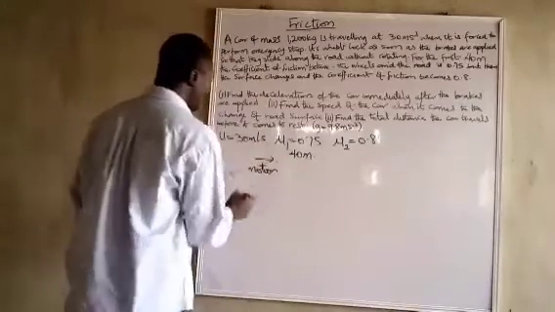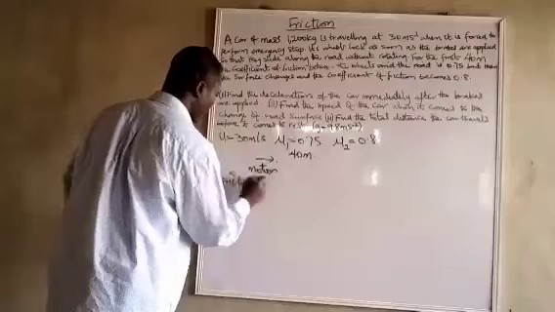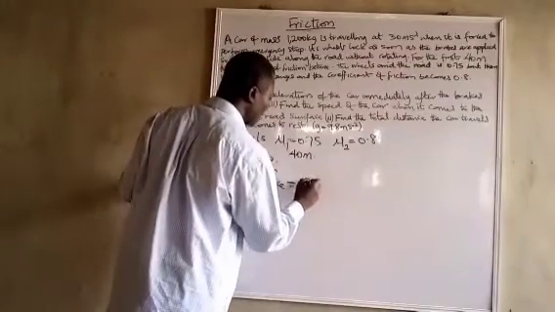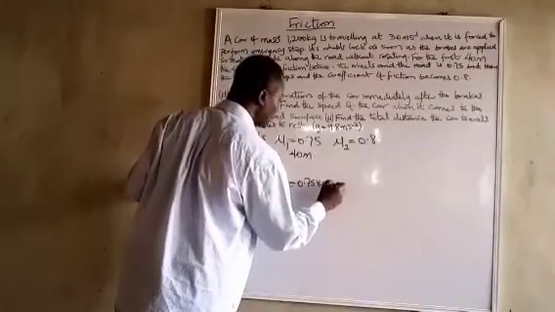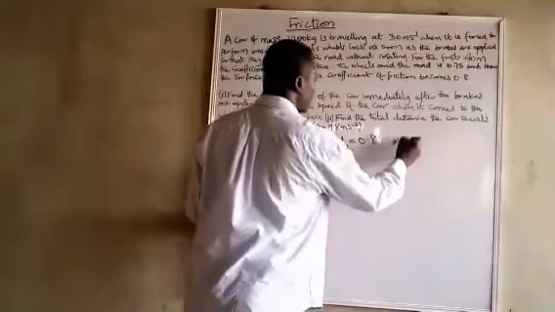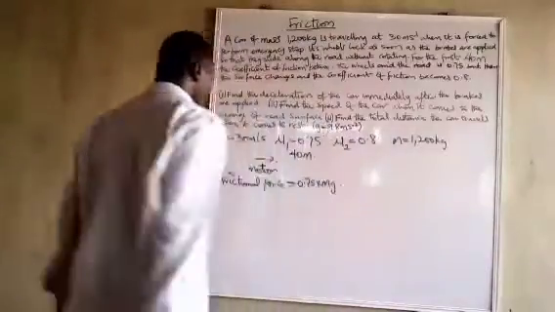So, for this body now, frictional force will be equal to 0.75 times m times g. Here m is the mass, and we are told that m is 1,200 kg. G, we know what g is.